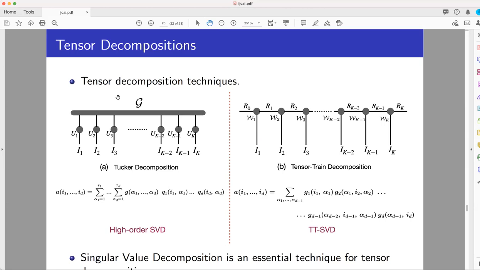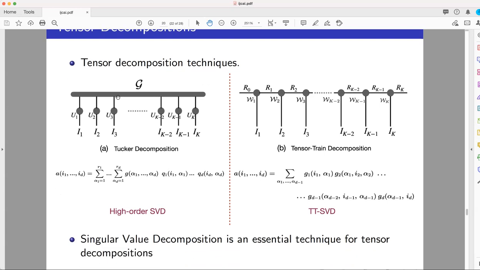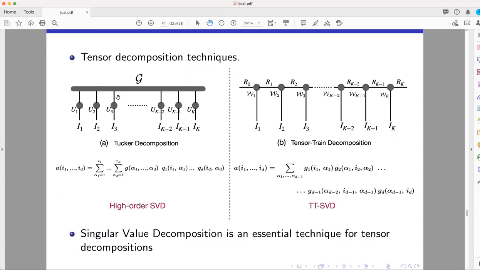Tucker decomposition is based on high order SVD, and tensor train decomposition is based on tensor train SVD. Tensor train SVD means that we iteratively make use of SVD to find the core tensors, instead of just decomposing all the factors at the same time. So the core issue is how to set up singular value decomposition in a quantum format.